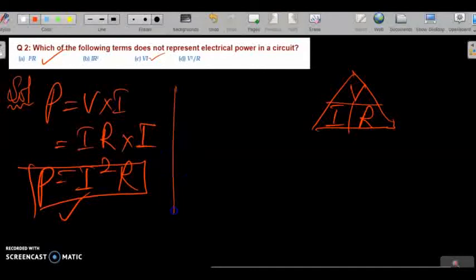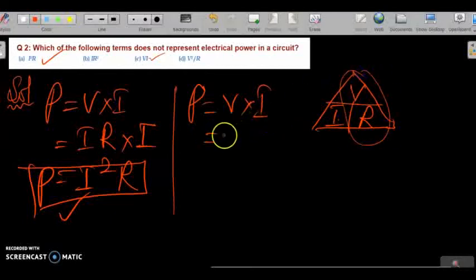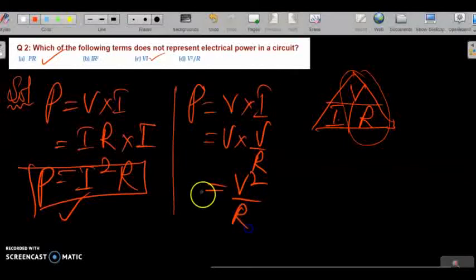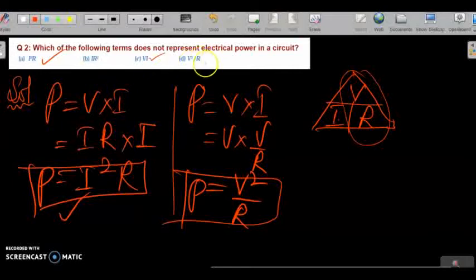And next one, P equal to V into I, and instead of I we can write V by R. So V into V by R is V square by R, that is P. Yes. So the only odd one out is IR square, so that is the answer. This is not the one which represents electric power.